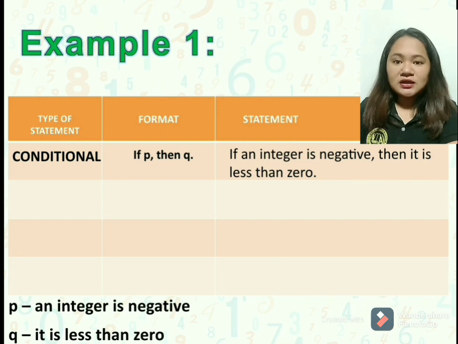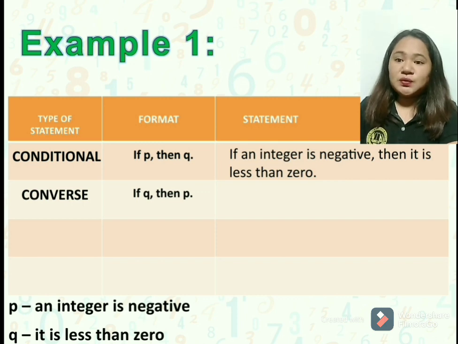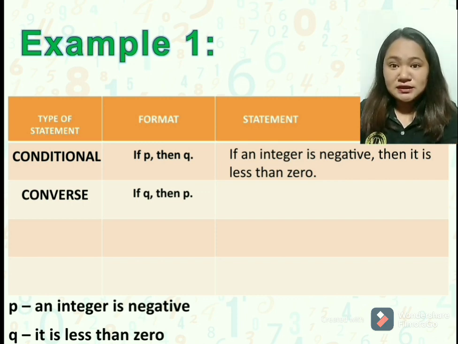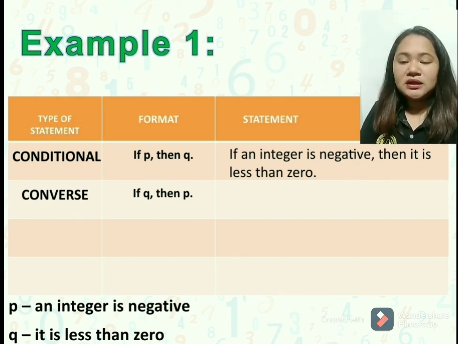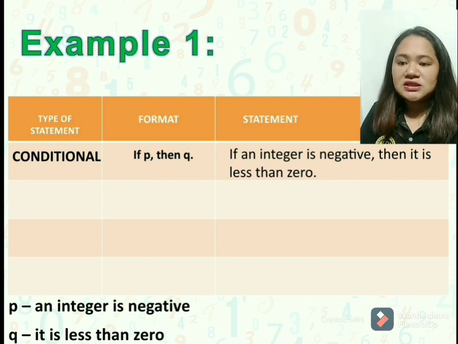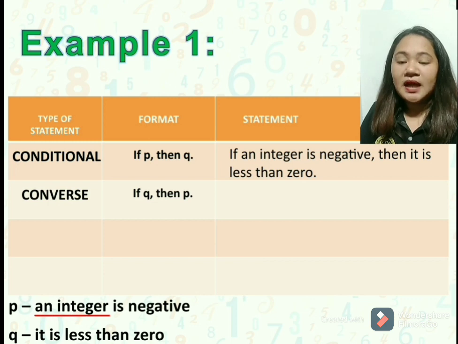Let's construct the converse statement in the format if Q, then P. So, is it if it is less than 0, then an integer is negative? That's correct, but it is better this way. Let's identify the subject and the predicate in our P and Q statements. In P, the subject is an integer.